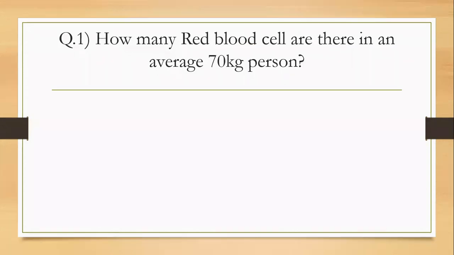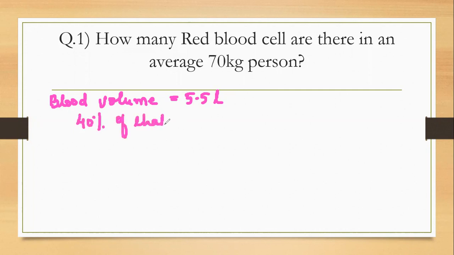So here you need to know the basics, that the total blood volume, let us assume, of an average 70 kg person is around 5.5 liters. Of that, we know that 40% is RBC. So how are you going to calculate the RBC in the total blood volume?